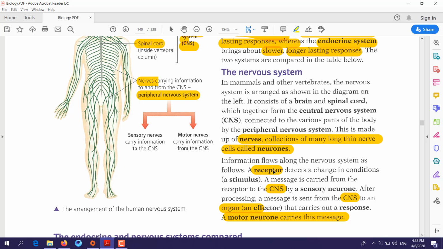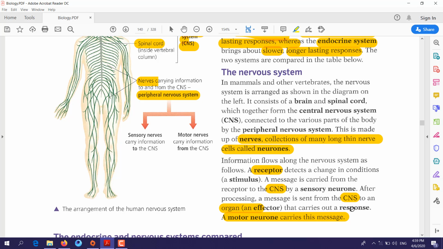It gets a signal, so a message will be carried from the receptor to the CNS. So a message will be sent from your finger to your brain, or to your CNS exactly, by a sensory neuron. Then your brain will process this change and will take an action.